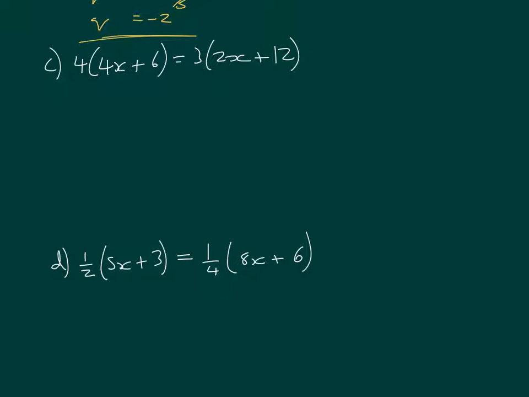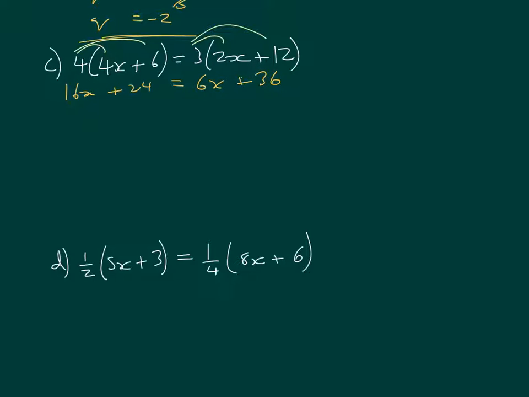Let's have a look at this one now. It looks like we're going to have to multiply out these brackets, and then we'll be able to rearrange the equation. So we're going to get 16x plus 24 equals 6x plus 36.